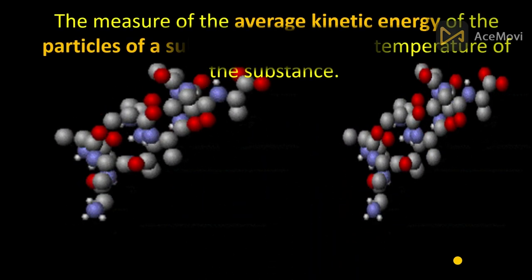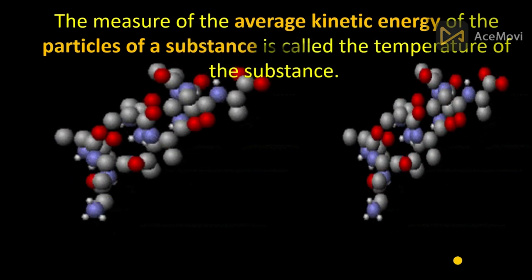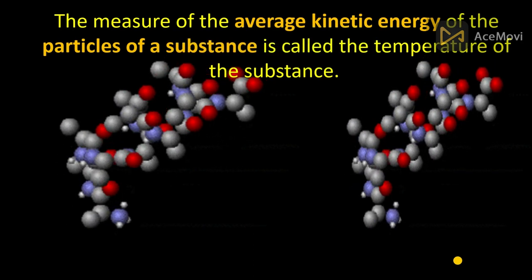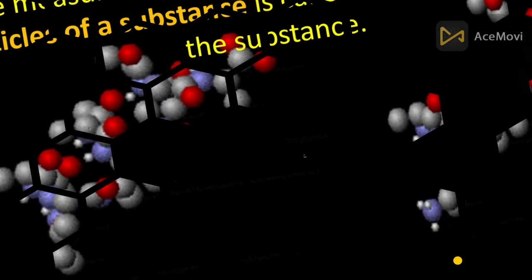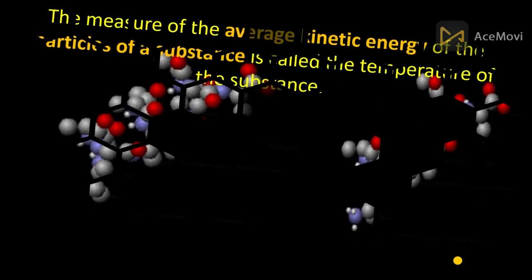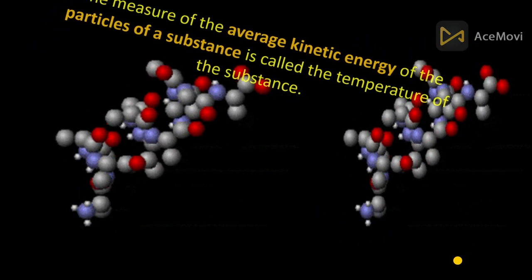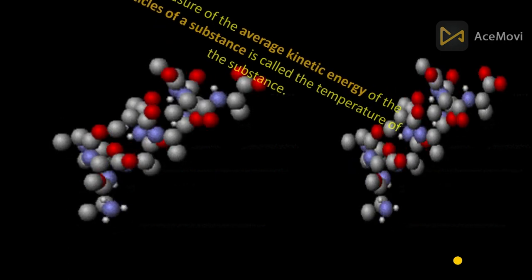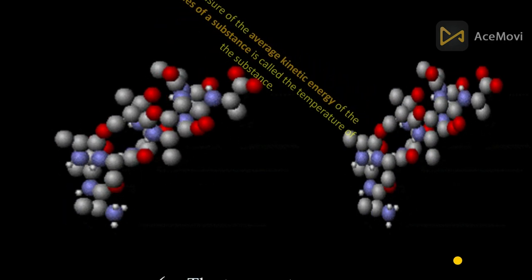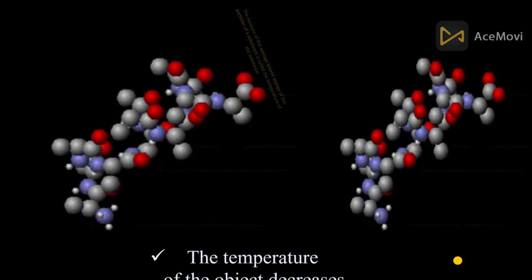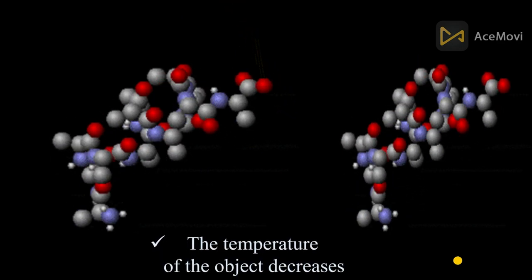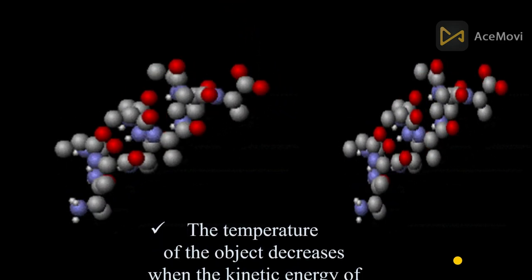The measure of the average kinetic energy of the particles of a substance is called the temperature of the substance. So the temperature of the object decreases when the kinetic energy of the particles decreases.